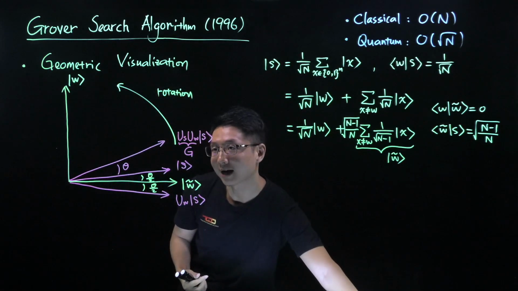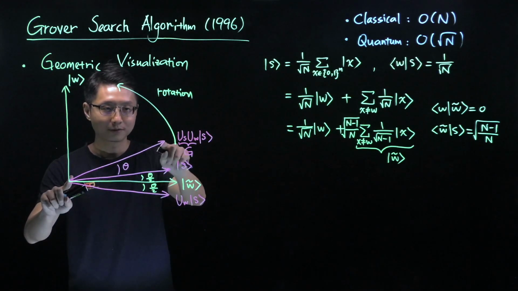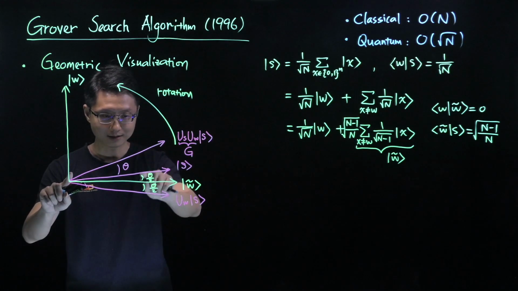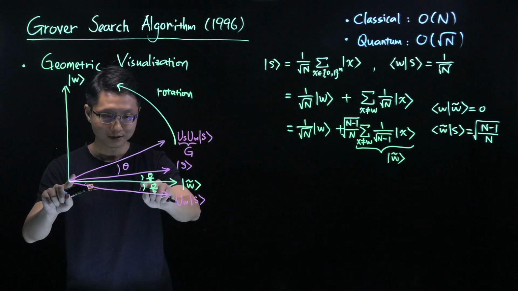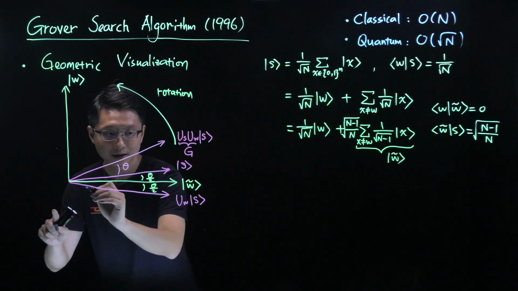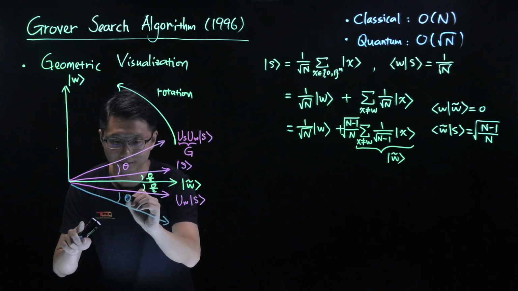So let me do it one more time. So first I'm going to reflect this state about W tilde. So this angle is altogether 3 theta over 2. So it will become here 3 theta over 2, but there's already a theta over 2. So that means the state will become here with the angle of theta here.